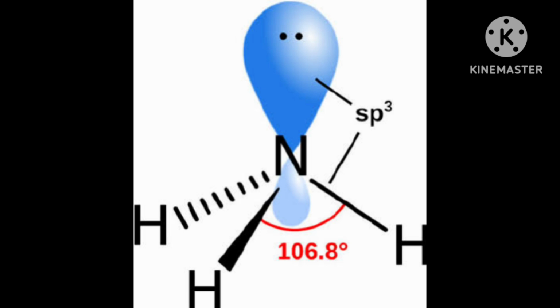And here the NO bond length is 121 picometer. Okay, 121 picometer. Then this I have told you about the structure. It is a planar structure, HNO3.